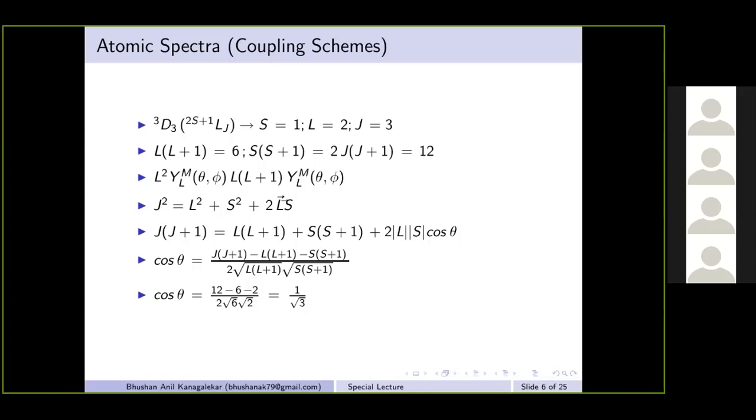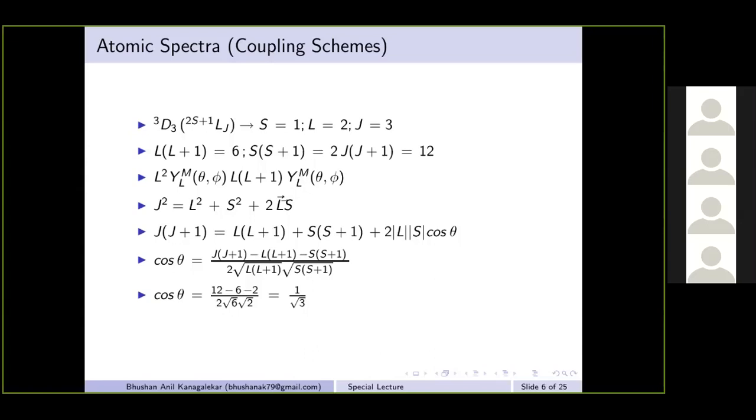If you substitute L equal to 2, J equal to 3, and S equal to 1, you will get cos theta equals 12 minus 6 minus 2 divided by 2 into square root of 6 into square root of 2.